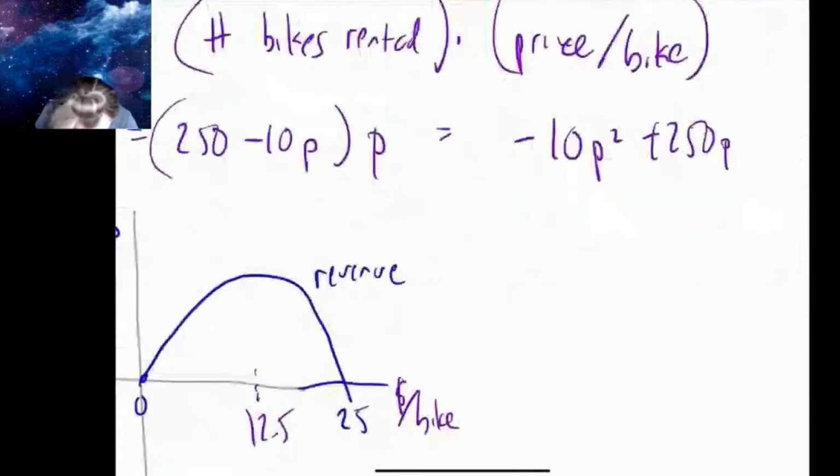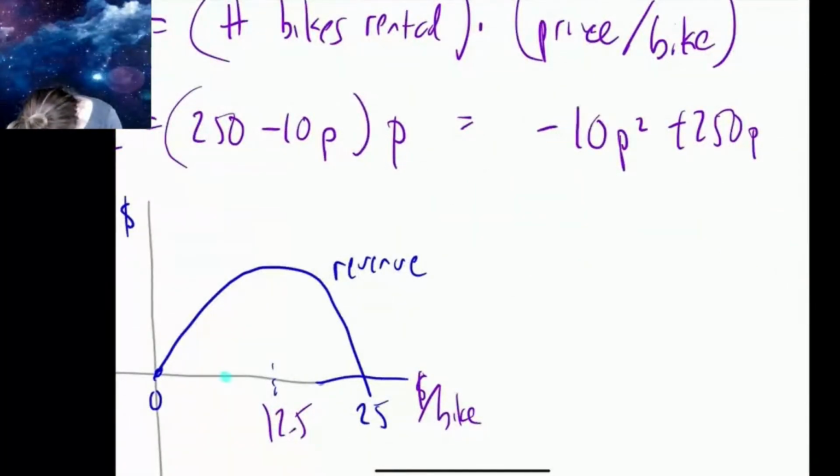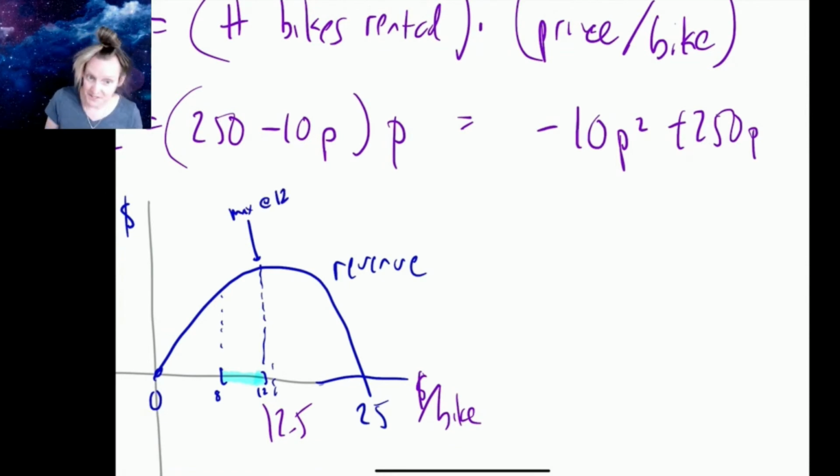Let's identify on my graph down here where those values are. So my valid values are here between 8 and 12. And we can see by looking at the graph that the max on that interval is 12. This is a case where the critical point is outside of the domain of interest.